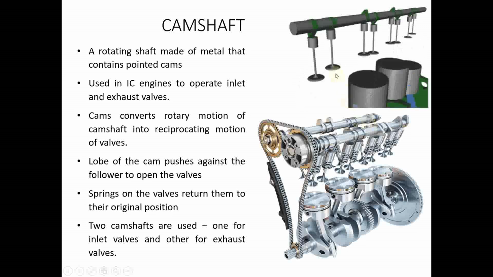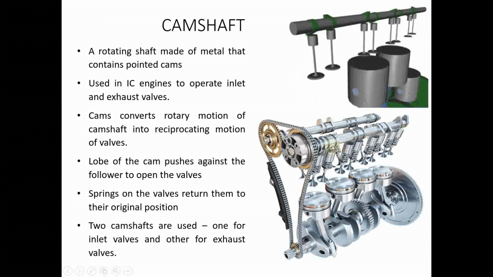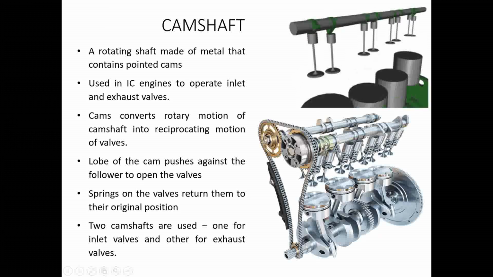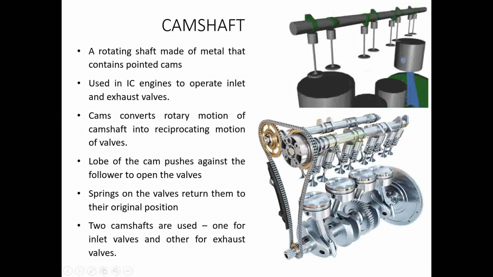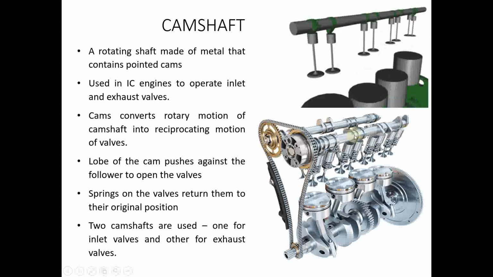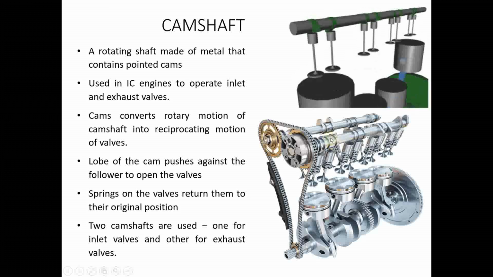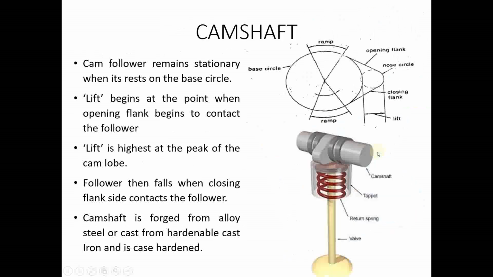You can see here, for the different cam surfaces, because it is always coming into contact with a metallic portion, there is a probability that wear and tear will occur. So in order to minimize the wear and tear, the outer surface or the contacting surface of the cams are usually case hardened or surface hardened by different methods.